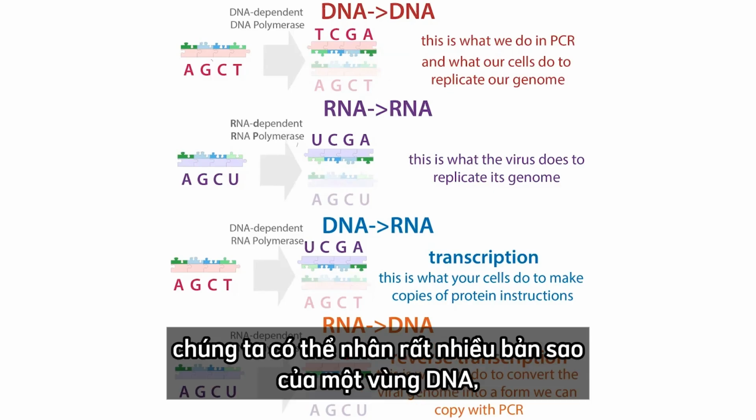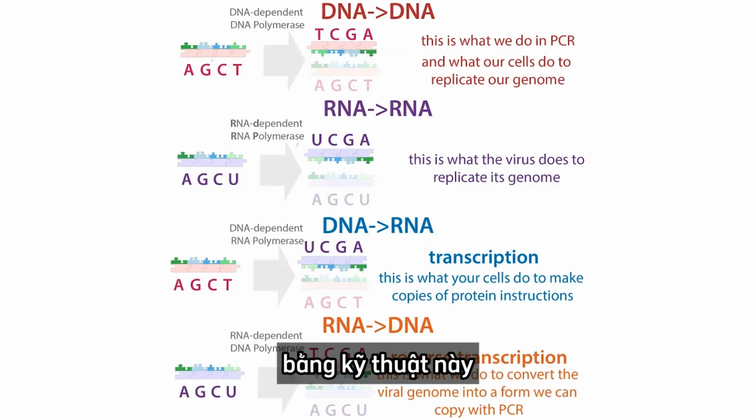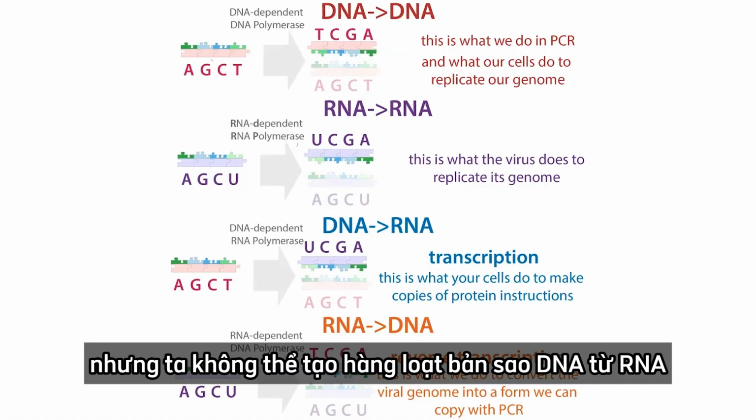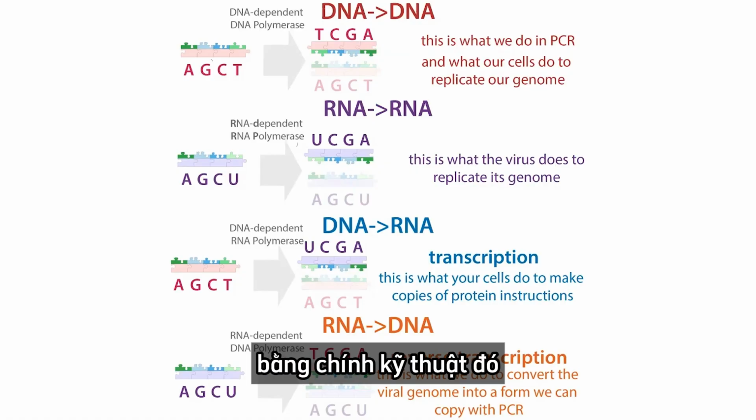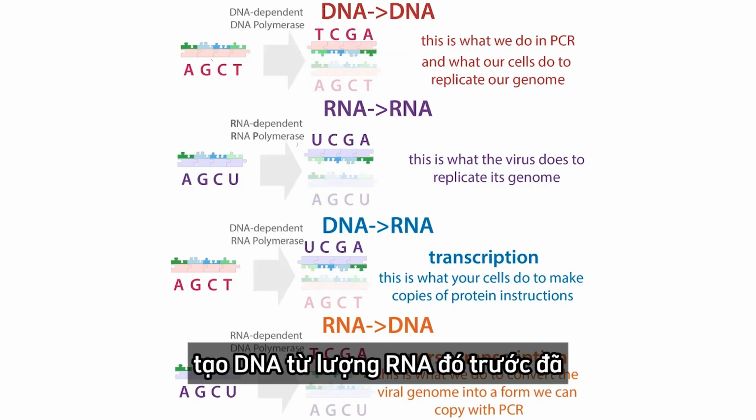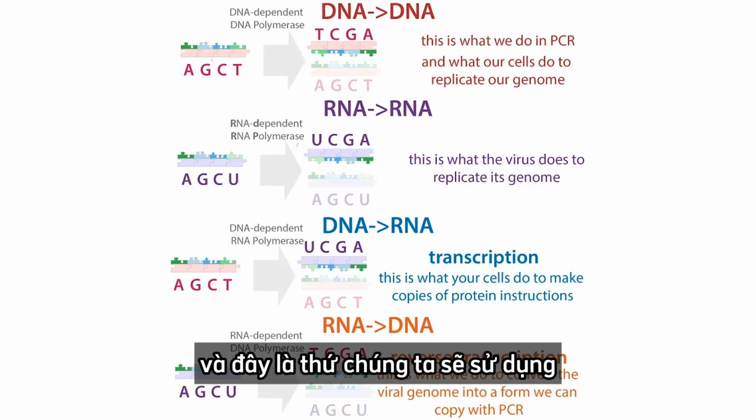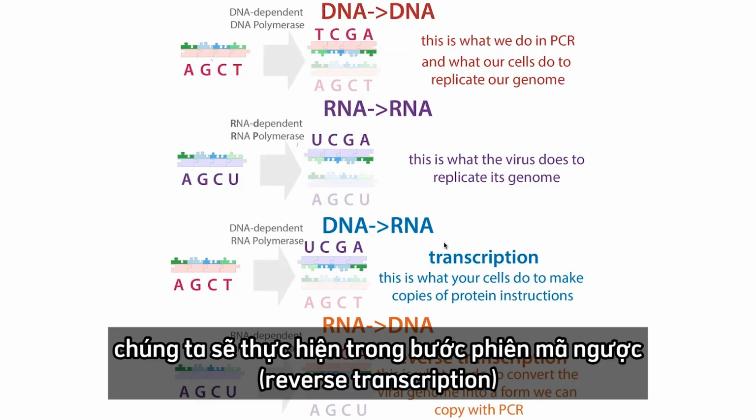We can make lots and lots of copies of a region of DNA using this technique. But we can't make lots and lots of copies of DNA from RNA using this technique. Instead, we need to make DNA from that RNA first. And this is what we're going to be doing in this reverse transcription step.